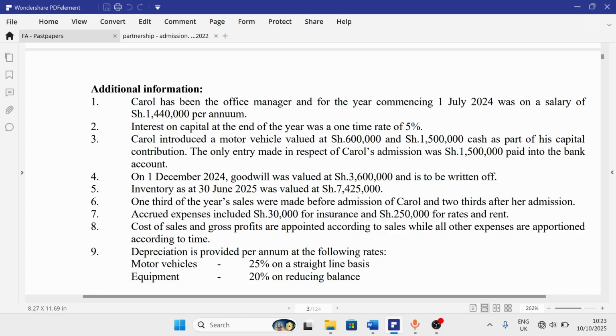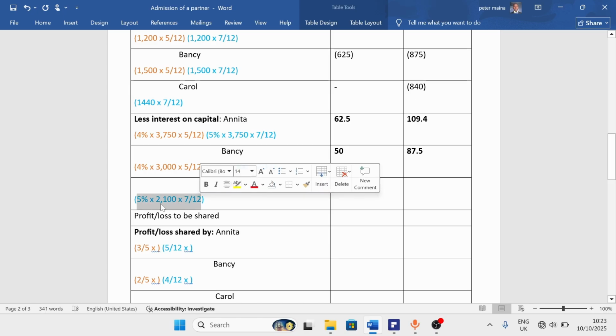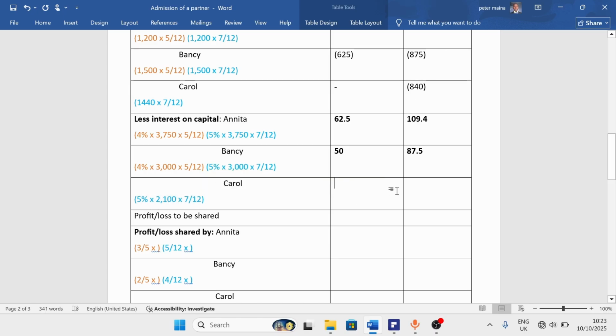And then we are going to use the rate at the end of the year, which is 5%. And then we are going to take interest for only 7 months. So that is what we are doing here. The total capital is 2100, and it is going to be shown in the second period only. Because in the first period Carol was not a partner yet, we are not going to show any interest during that period.